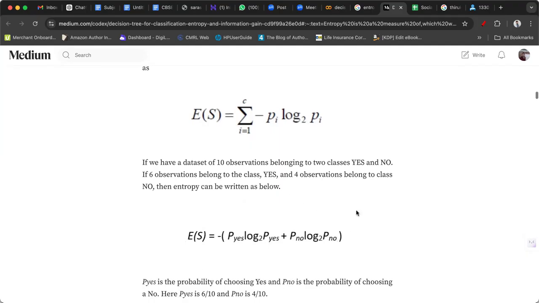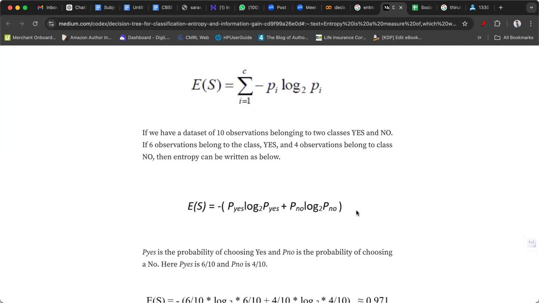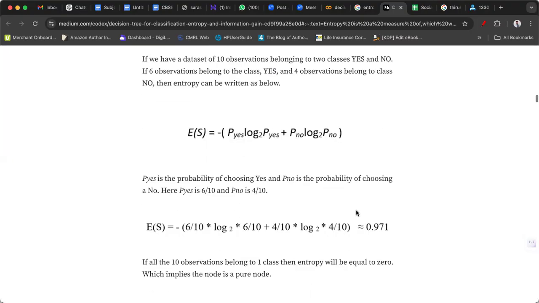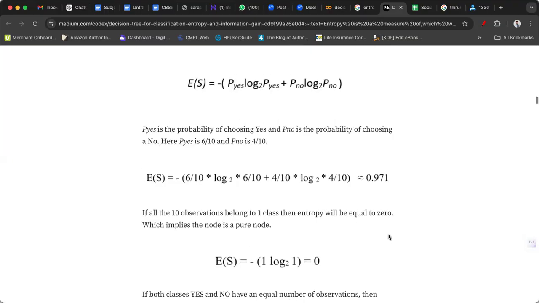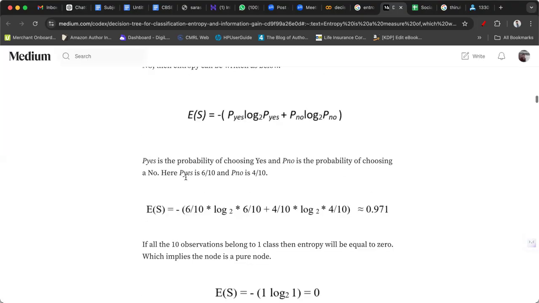Otherwise, if you don't want to get confused, just leave it. Anyway, the library will take care of the entropy. And to calculate this, you get the approximate value of 0.971.